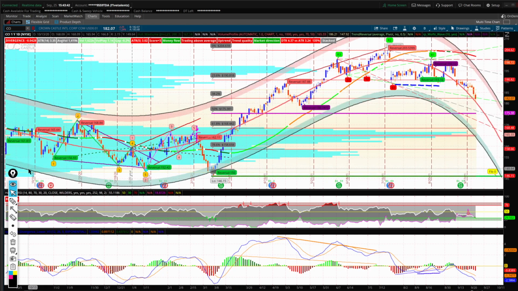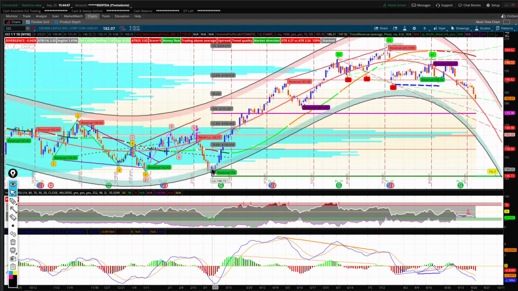Okay, so this would be the buy zone for this day, and this right here would be the sell zone. And if you notice, it got really close right here, and boom, it came down. And the part of this study is you sell it when it gets in this area, you buy it when it gets in this area.